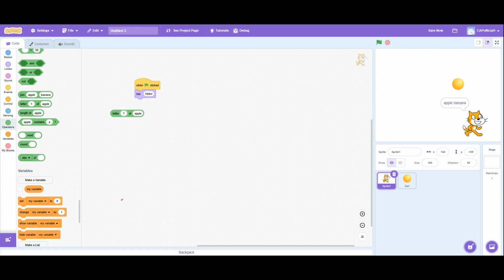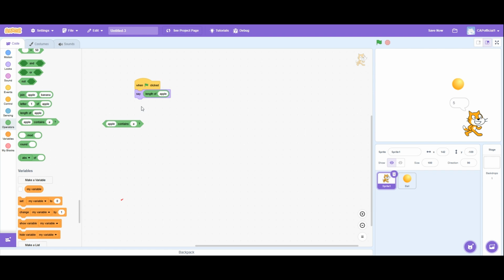An index is just a number used to describe each character in a string, the string here being apple. So letter 1 of apple, the first letter of apple, is A. Here, the length of apple is saying how many characters the word apple takes up. As Scratch is saying, 5.